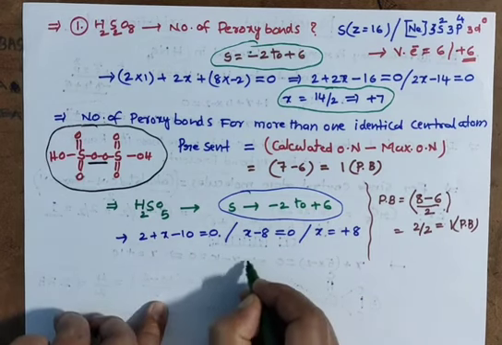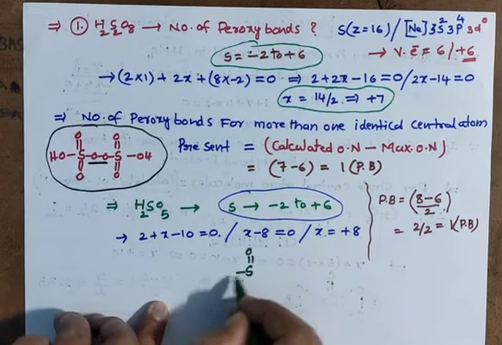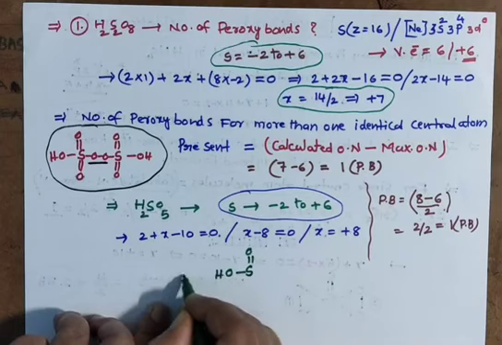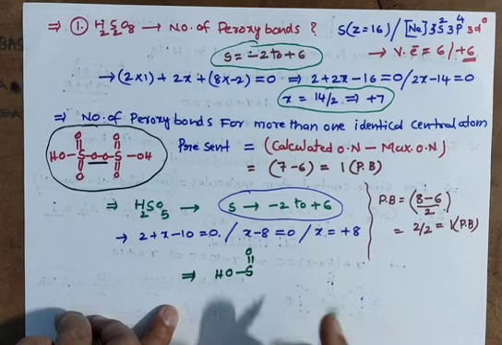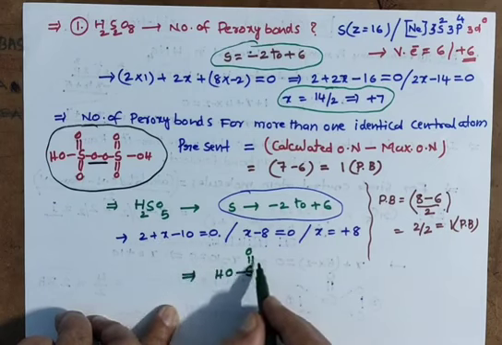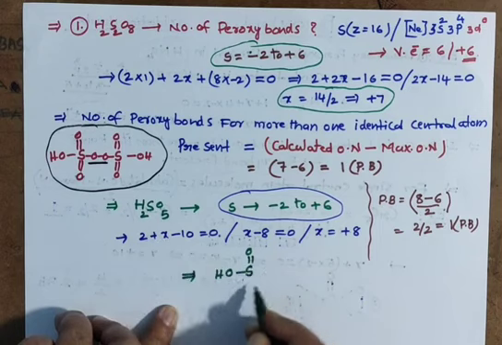Central atom sulfur, one double bond, one OH group. This is the basic unit in sulfur oxyacids. And the remaining, how many are there? 2 gone, we have 2 here. And you go for the central atom.